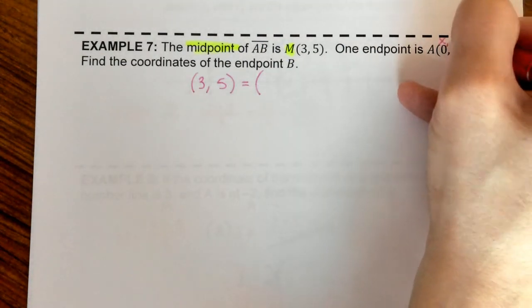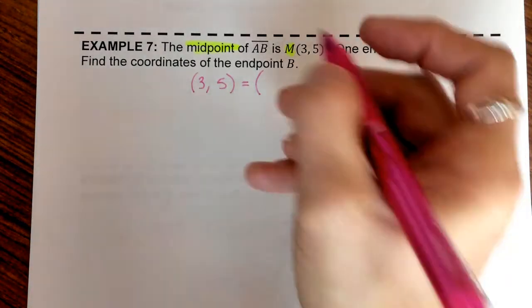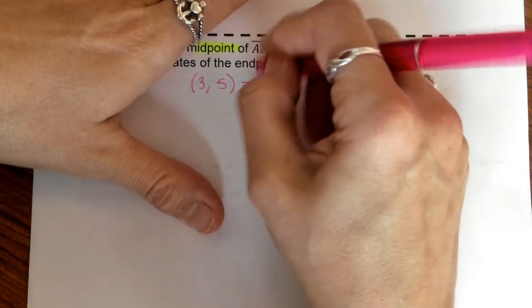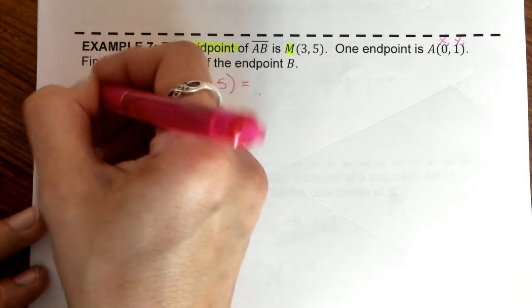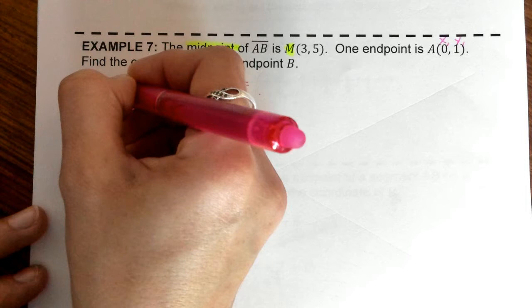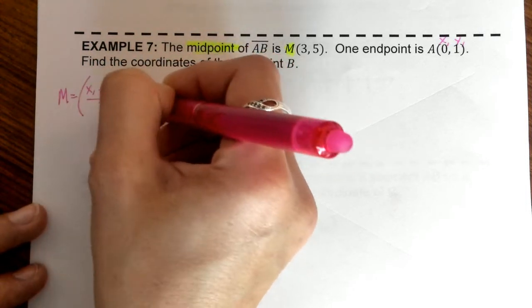So here's your X1, Y1. We don't know our X2 and Y2 yet. So when we plug into our formula, okay, again, I'm going to write over here since it's at the top and off the screen, your midpoint is X1 plus X2 over 2, Y1 plus Y2 over 2.